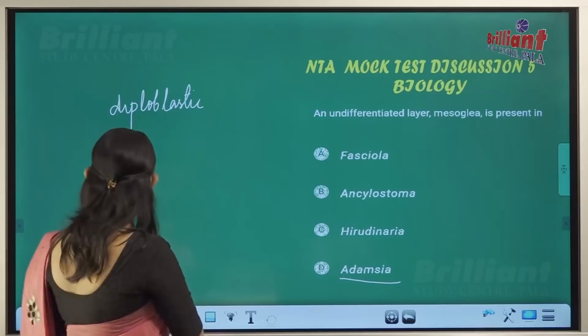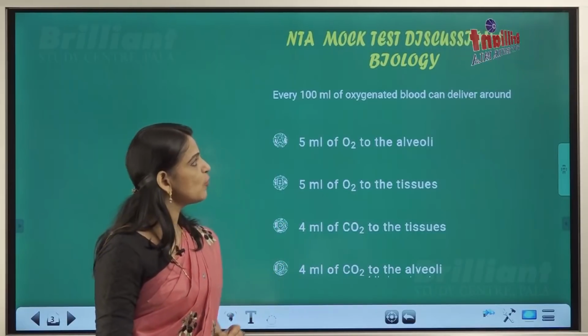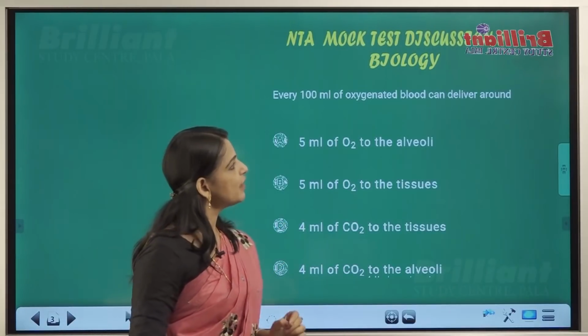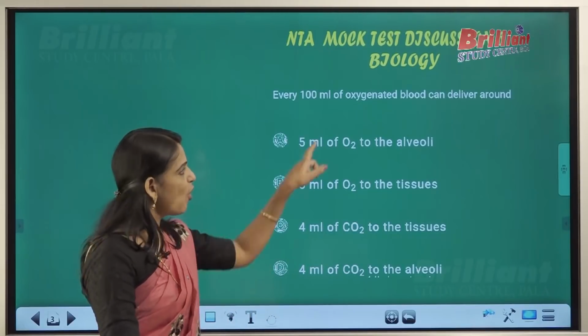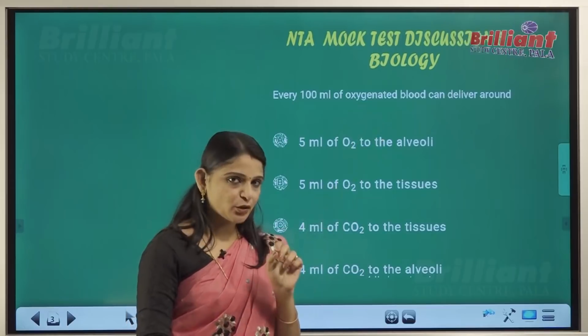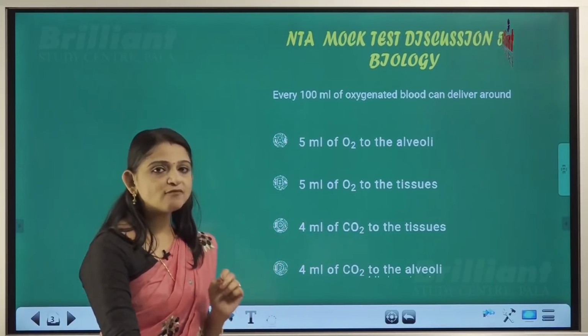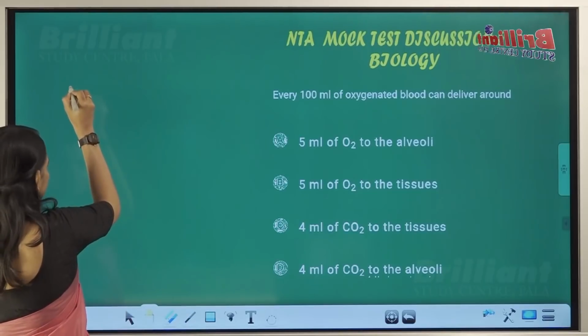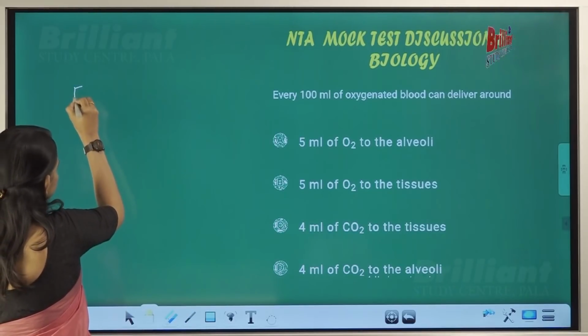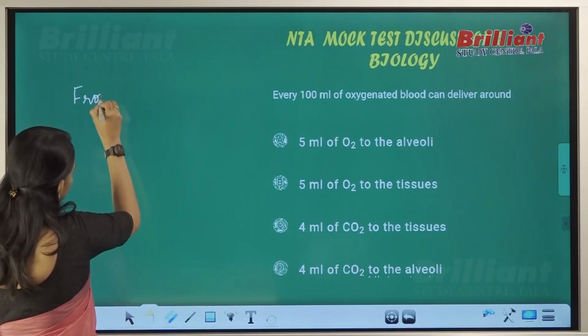Move into the next question. Every 100 ml of oxygenated blood can deliver around. So if you are seeing oxygenated blood in the question, first thing you have to remember, oxygenated blood moves from lungs to tissue.